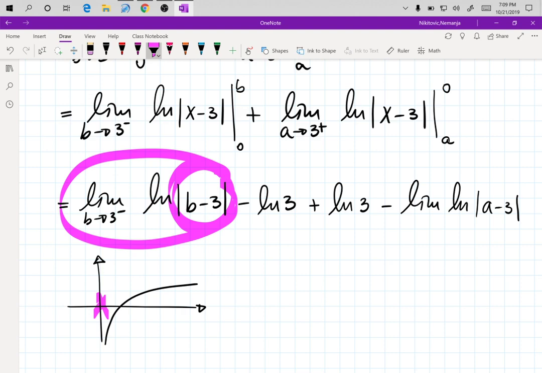So the first term is trying to hit negative infinity. These two guys will simply cancel. And then the third term will also try to hit negative infinity. Boom.